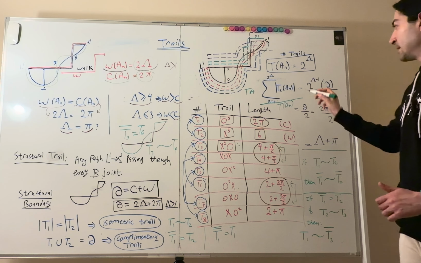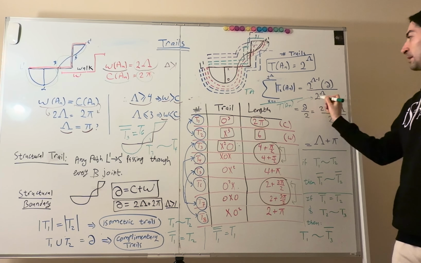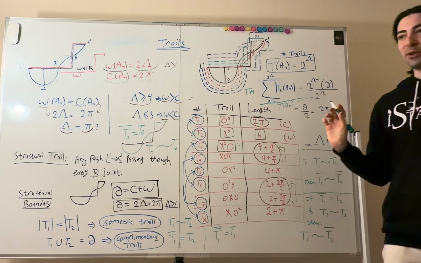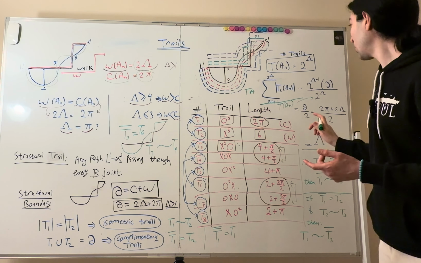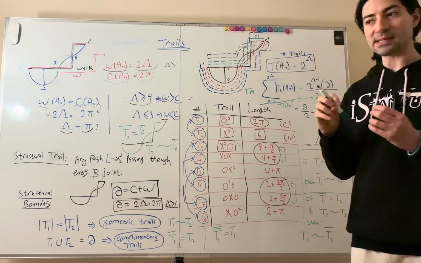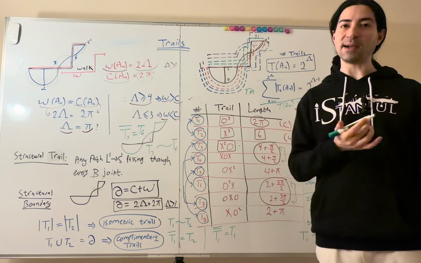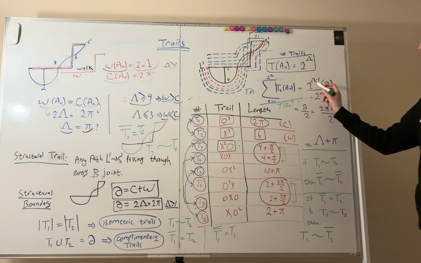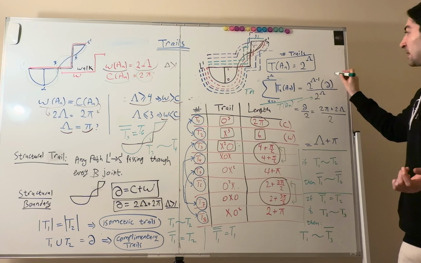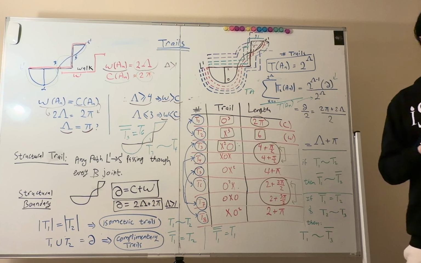So let's write this as an equation here. We know that the total number we said is 2 to the power of lambda. And we know that every trail must have a complementary trail. So therefore, the total number of boundaries that are formed by adding all these structures together is equal to the total number of structures divided by 2, because each 2 form a single boundary. So we will say 2 to the power of lambda minus 1 times the boundary, divided by 2 to the power of lambda.